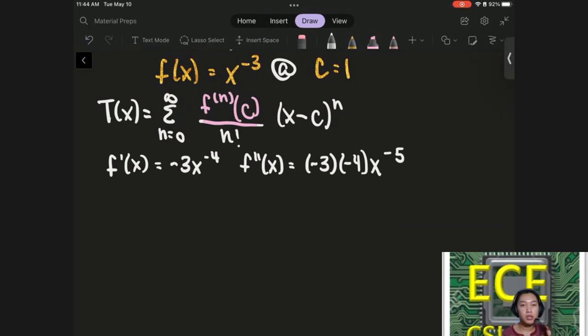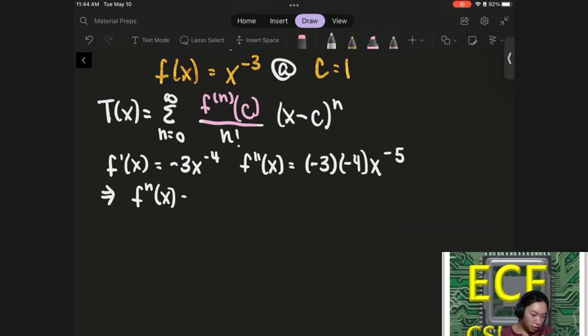And so from here, you kind of have to see if there's a pattern. You have to look closely as n increases, or as the order of derivative increases.